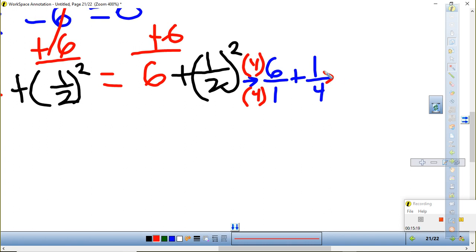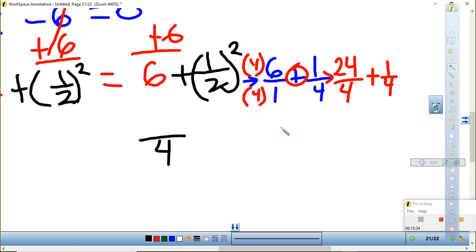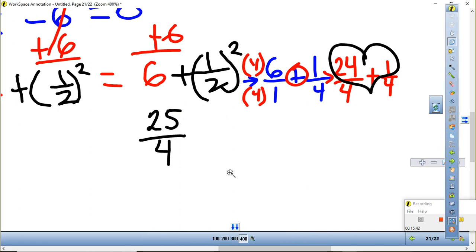Therefore, this is 24 over 4 plus 1/4. Now that we have a common denominator, the denominator will be 4. What is 24 plus 1? 25. Now I'm going to zoom out.